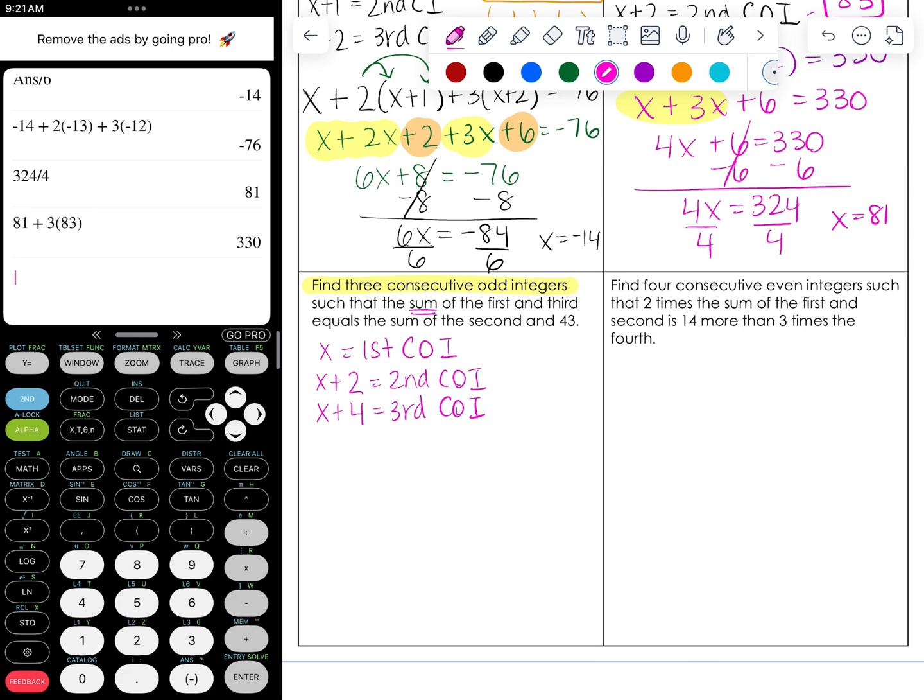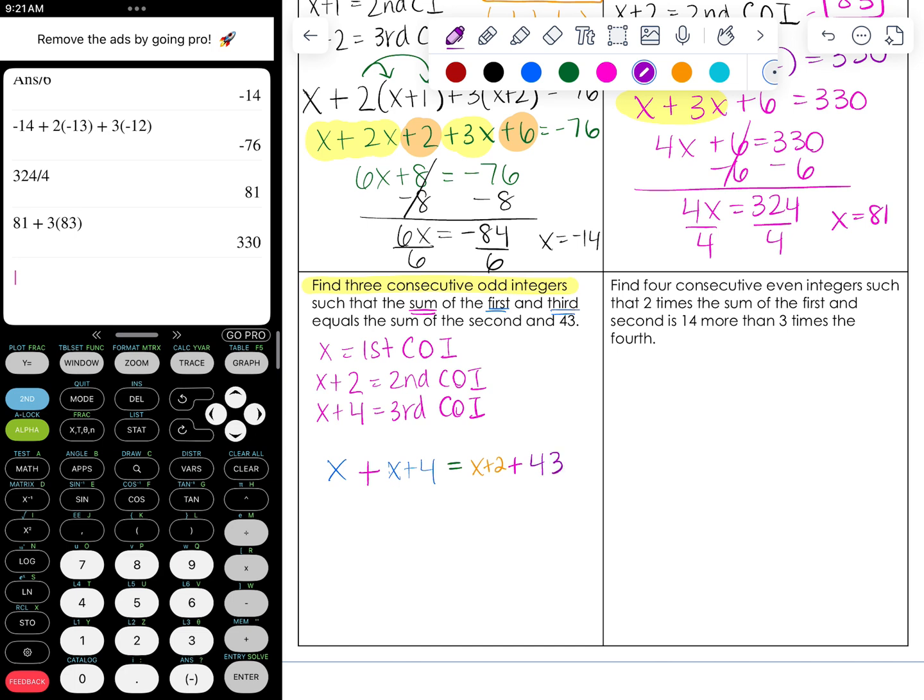Such that the sum, so again, I'm adding, of the first and the third is equal to the sum, so once again, I'm doing the sum of the second, which is x plus 2, I just want to put that in a different color, the second, and 43.